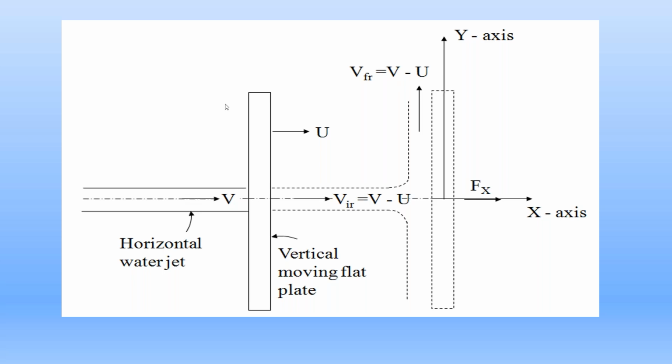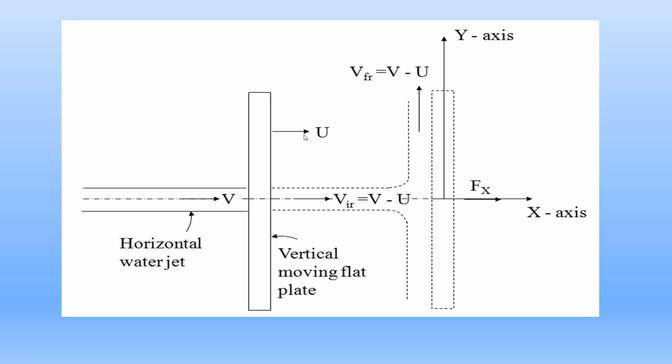Here the water jet will strike this vertical flat plate with relative velocity. Since the vertical flat plate is moving, the water jet will strike it with relative velocity VR.